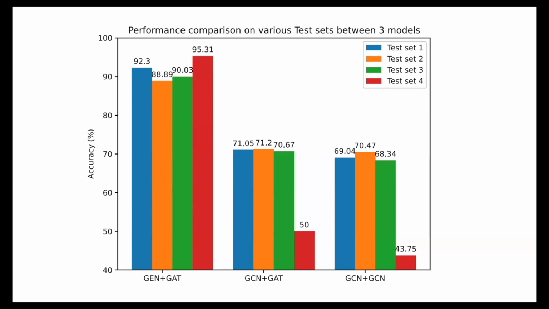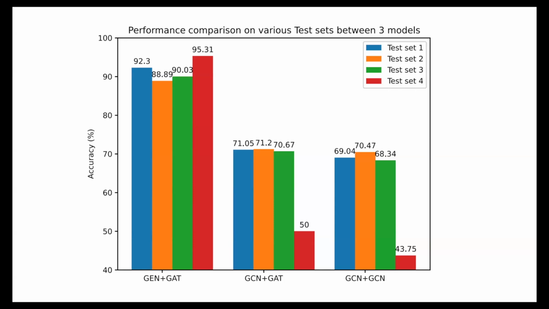In general, a message passing network like GEN has many more weight parameters than the other models, GCN and GAT. So we tested the other two models by increasing the number of weight parameters and using longer training phases, but it didn't improve performance at all.